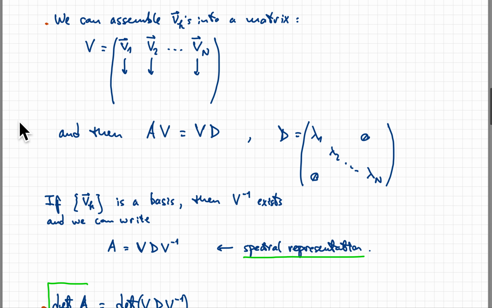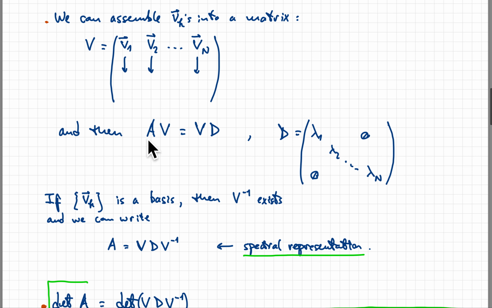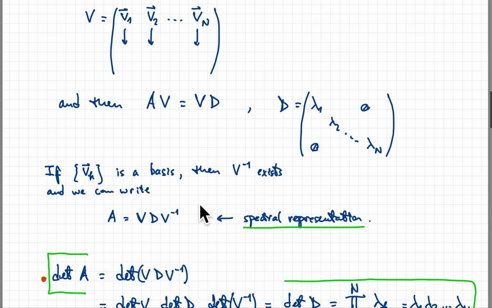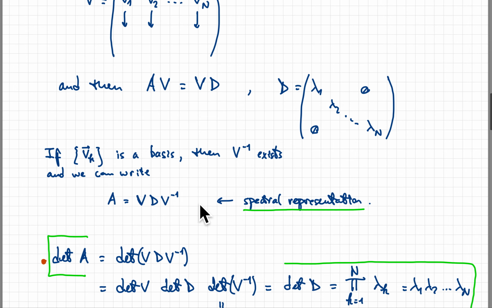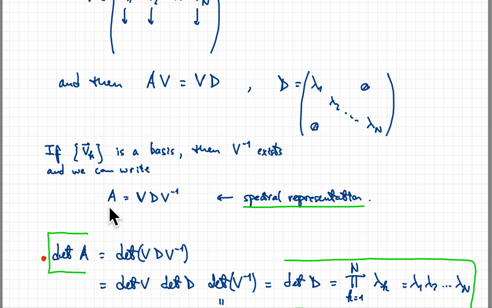And that means that we can go ahead and take this identity and apply V inverse on both sides on the right, and come up with this identity, which is nothing other than the spectral representation, which we found in a previous video. And that just tells us that any matrix A that has a complete set of eigenvectors can be written as the matrix of eigenvectors times the diagonal matrix of eigenvalues times the inverse of the matrix of eigenvectors.